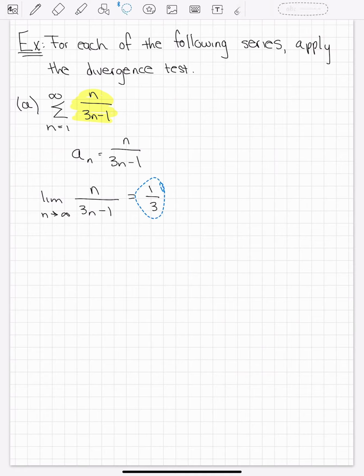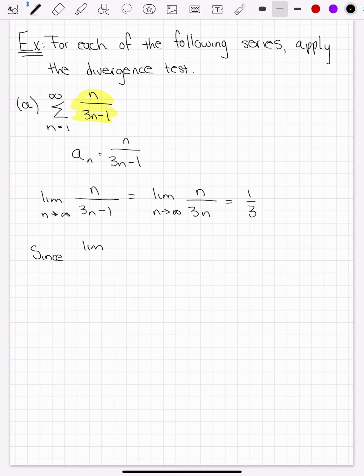We can also say that if n is going to infinity, then this minus 1 in the denominator is no longer relevant when we're talking about this 3n, where the n is going to infinity. That minus 1 is irrelevant in magnitude. So if we do the limit of that, then we can see the n and the n divide out, and we're left with 1/3. So there are many ways. You choose your favorite way to do limits. Maybe you need to review that from Calculus 1.